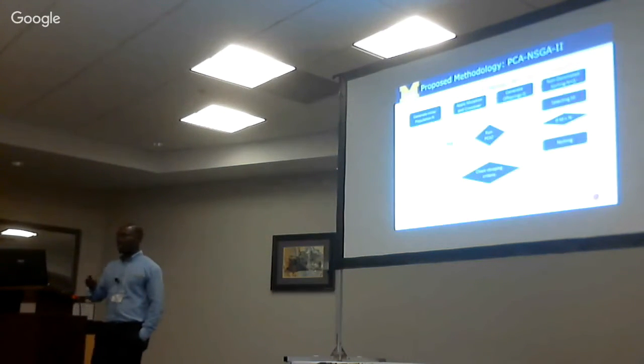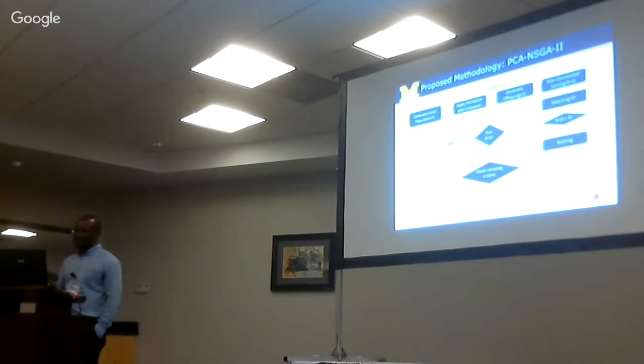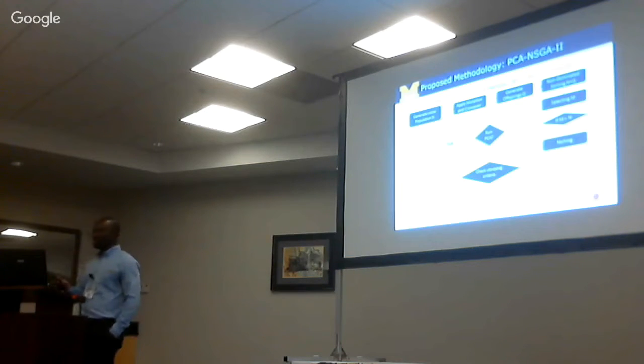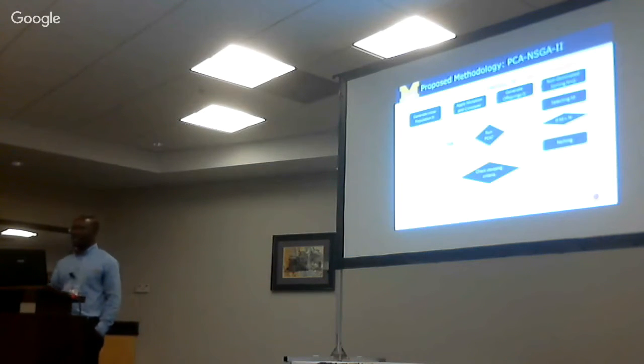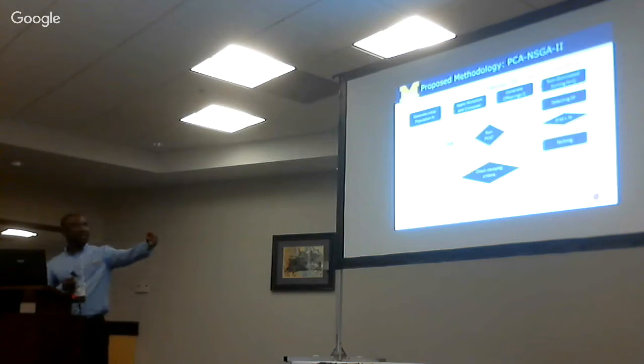Our approach is based on the work of Dr. Baird, and it's a combination. We are starting our analysis with a combination of principal component analysis and NSGA-II. Normally the main loop of NSGA-II works like this: we start with a random population, we apply the change operators, and then we go through a selection process.